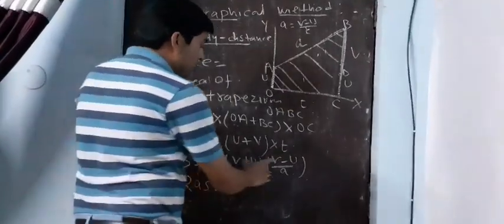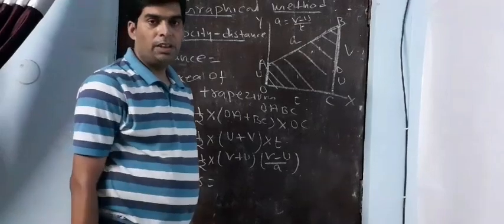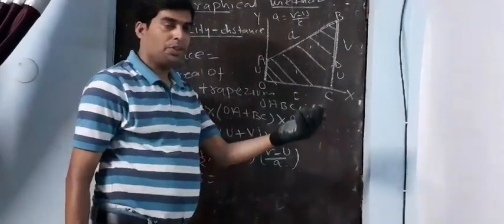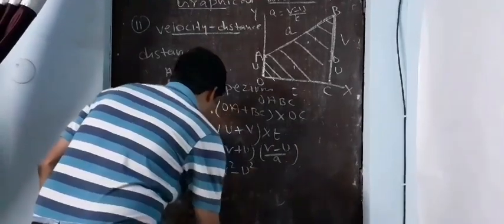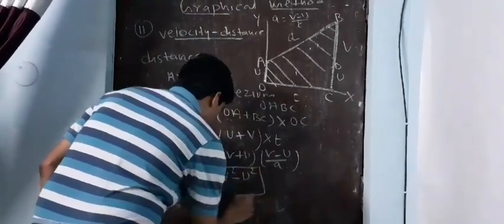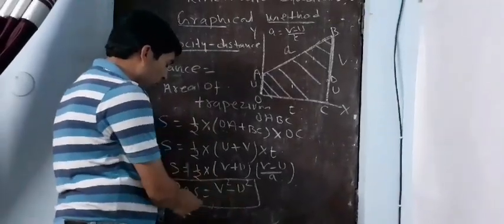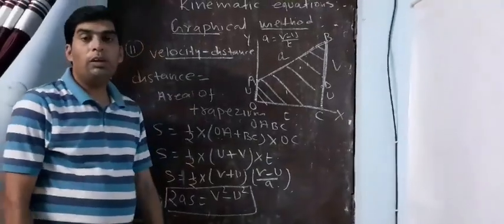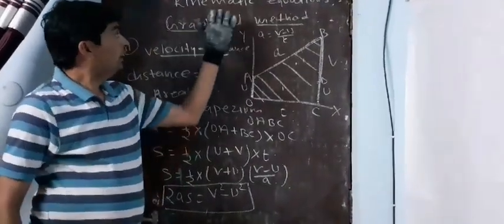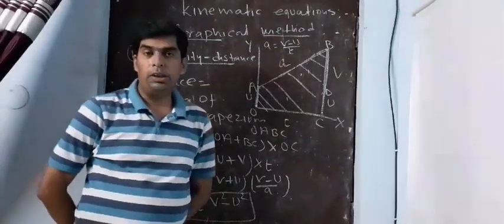And now (a plus b) into (a minus b), we have read this formula in algebra, that is a square minus b square. So finally what we have got? It's v square minus u square. So this is the third equation, where v square minus u square equal to 2as. So here we have derived all the three kinematic equations for uniformly accelerated bodies.